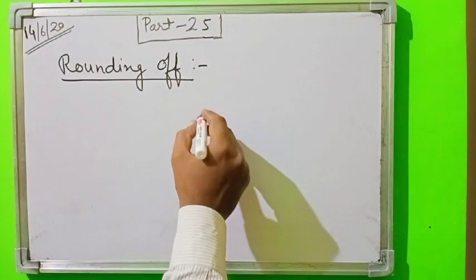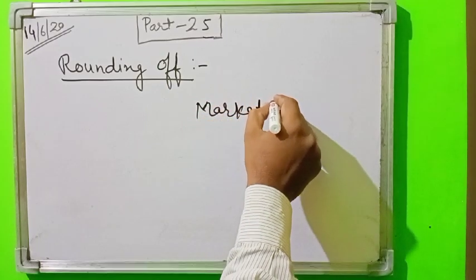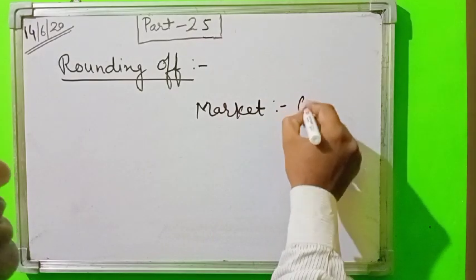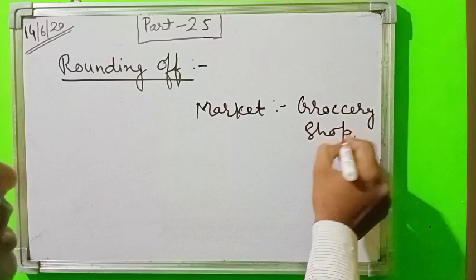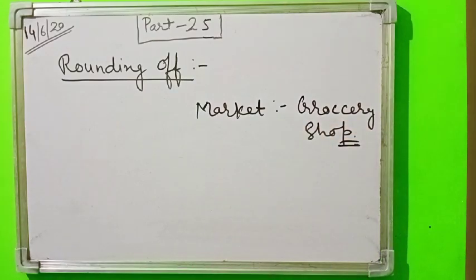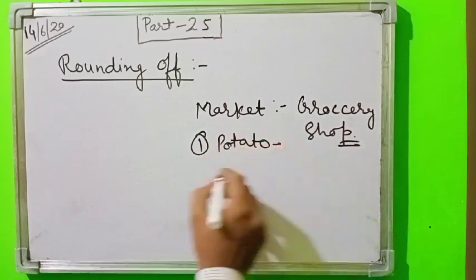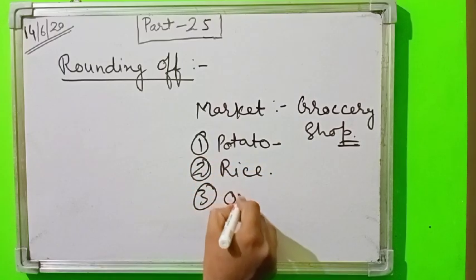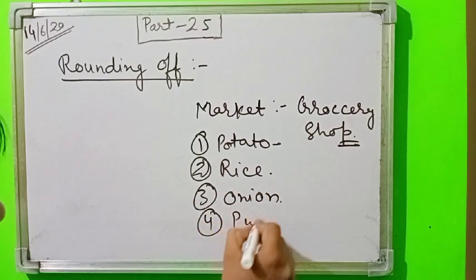Suppose you are going to the market, and you visit a grocery shop and purchase certain quantities: potato, rice, onion, pulses.